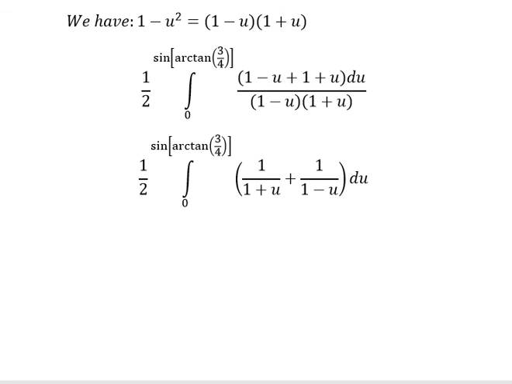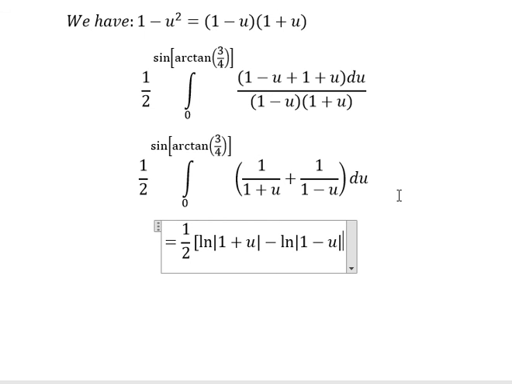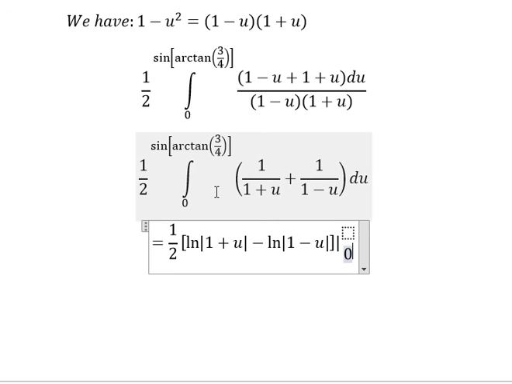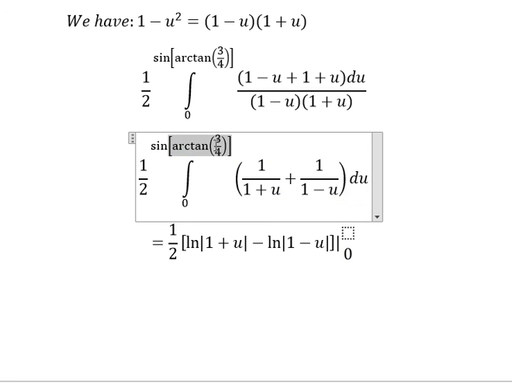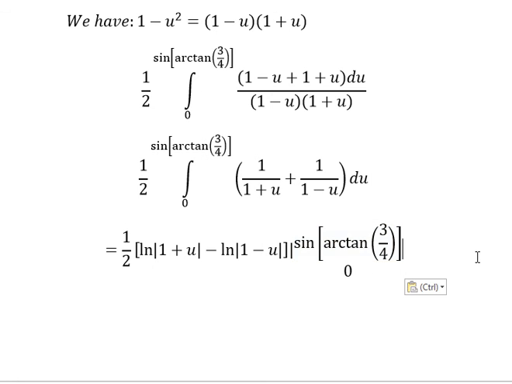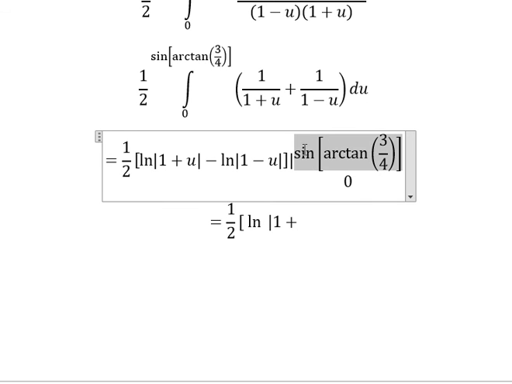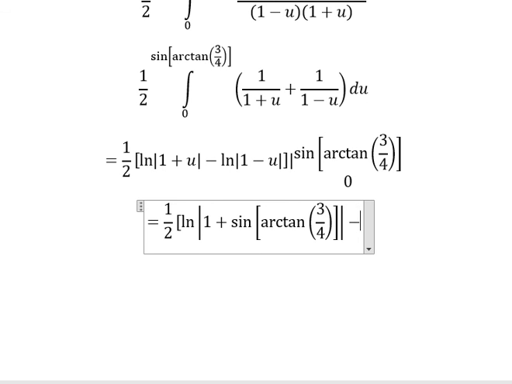And we put the answer in here. So in this one you will get the answer of 1/2 multiplied with the natural logarithm of the absolute value of 1 plus this number over 1 minus this number.